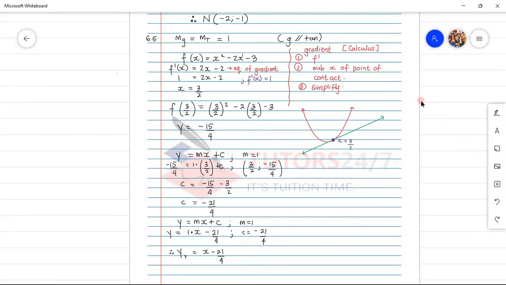After we found the gradient of our tangent, we then needed a point or a coordinate on our tangent. So we were able to use calculus to find the point of contact between our tangent and our function f by using the find the gradient method.